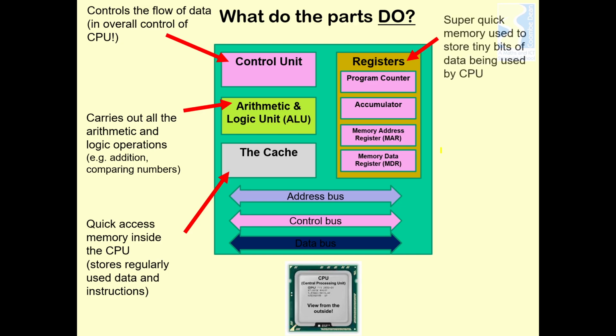Registers we'll look at more next time, but just so we've looked at it, they are super quick memory used to store tiny bits of data, literally a single number or a single address. And the buses are used to transport the data. All you need to know really is that the bus transports the data. At A level, we look more in detail about the different buses and what they do.